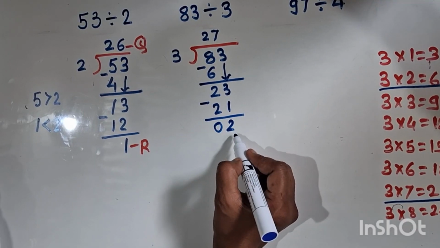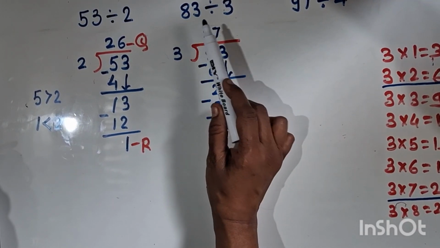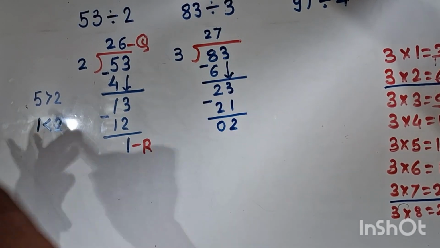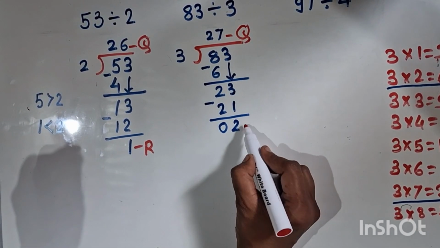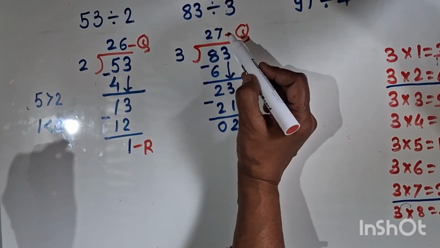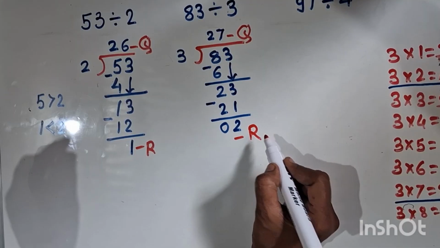Means our remainder is 2. See, 83 divided by 3. Our quotient is 26. Sorry, 27. And our remainder is 2.